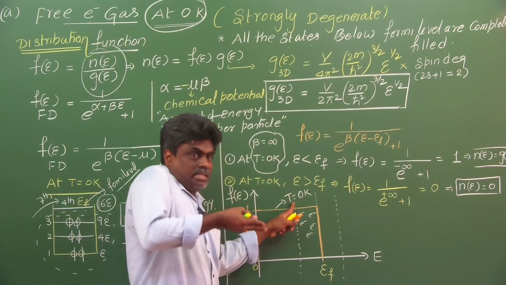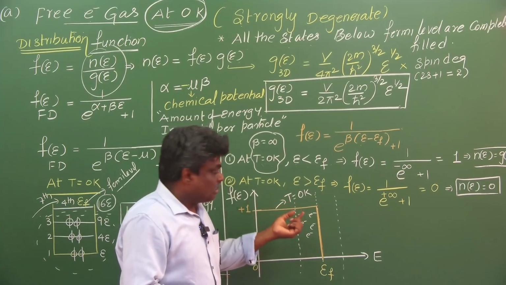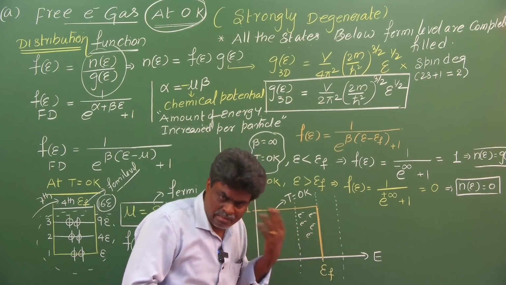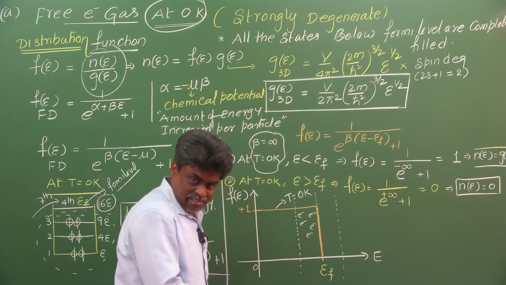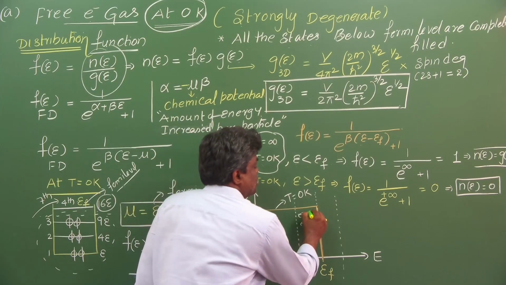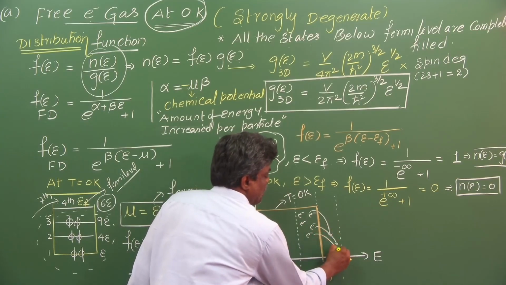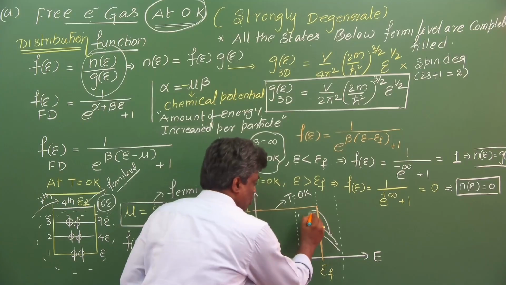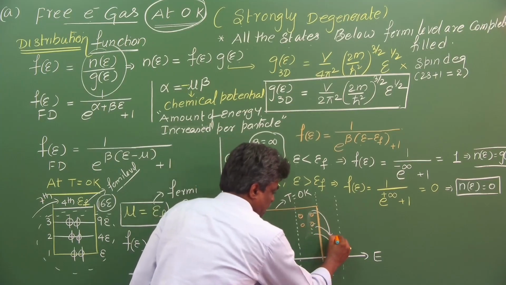Now I am increasing the temperature. Once I increase the temperature, the electrons which are just below the Fermi level gain thermal energy and jump out and occupy the higher levels. Then here you will get holes, and here you will get electrons.